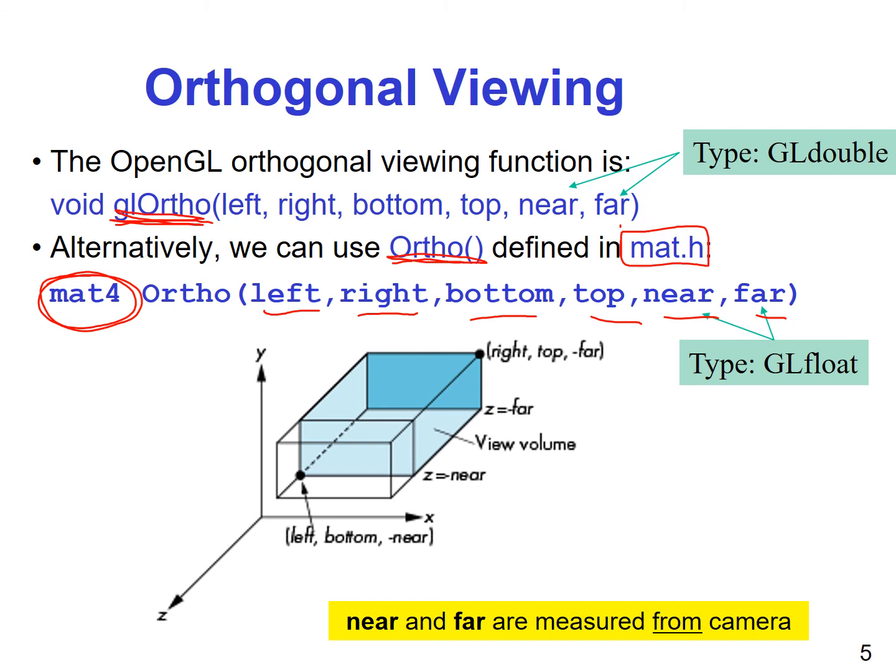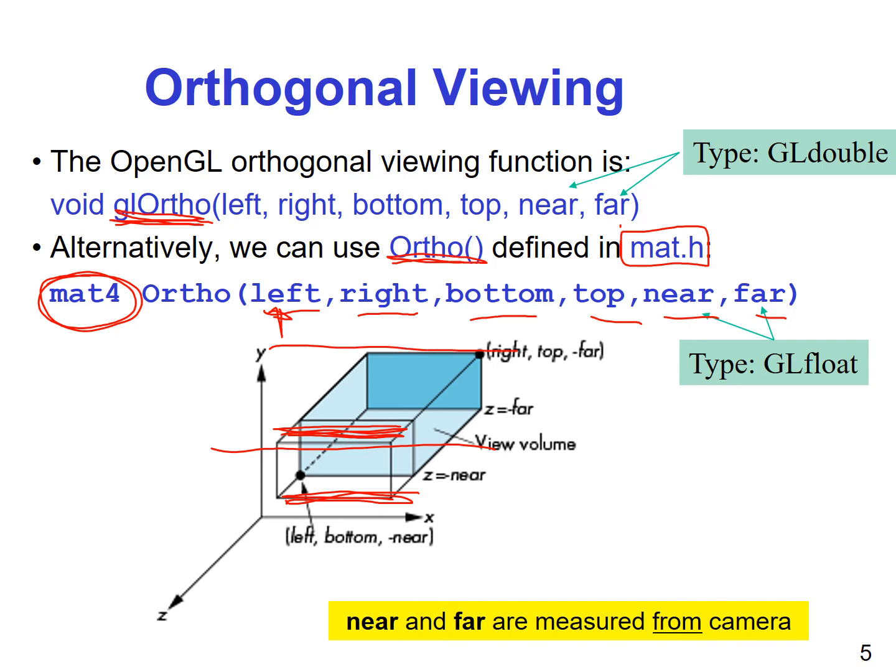So let's look at what the parameters actually define. The left and right define the left and right planes where the view volume is cut. The bottom and top define, as the name suggests, the bottom and the top clipping planes, and the near and far then define where the planes are clipped.